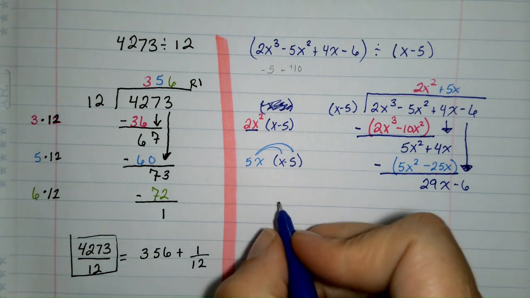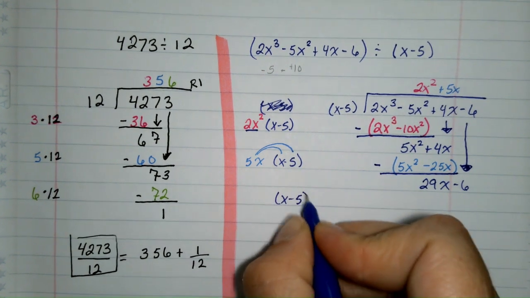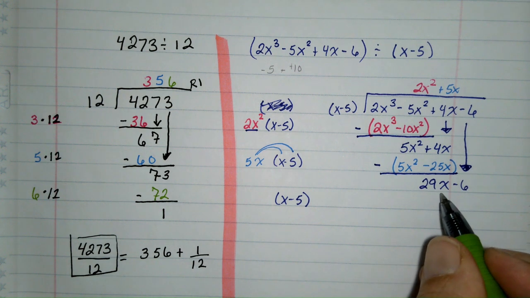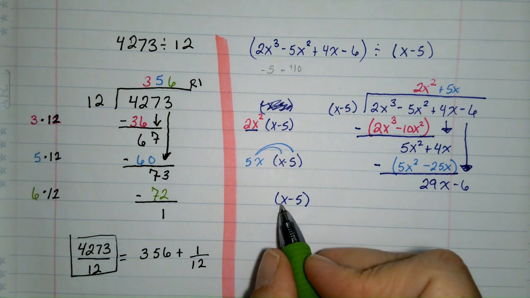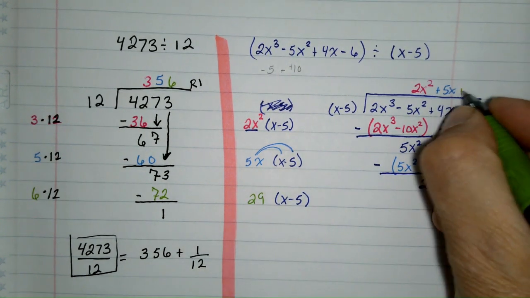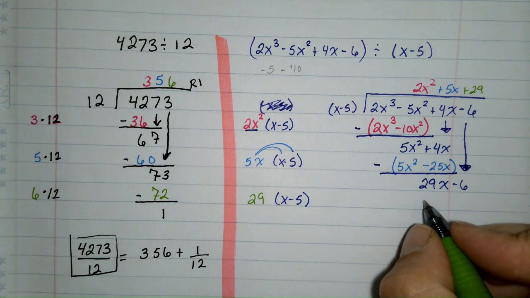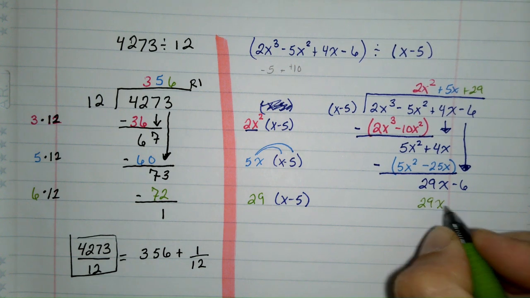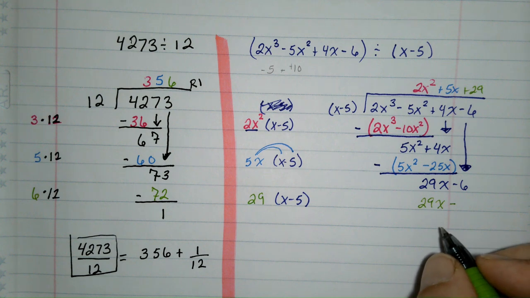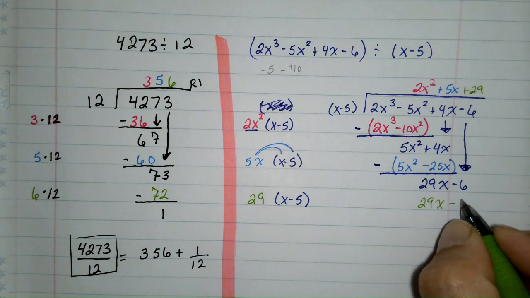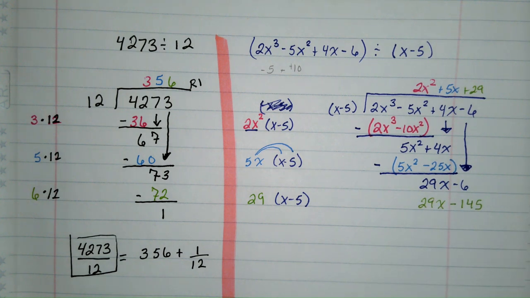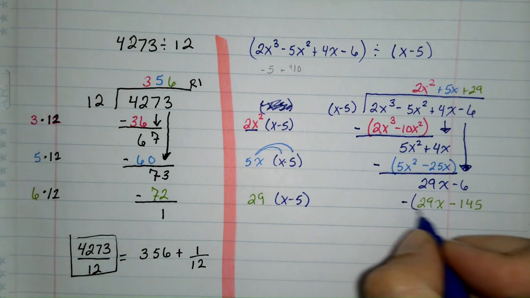Okay, now we're trying to get as close to 29x as possible for our first part. We're at x, so we're going to multiply by 29. That'll give us 29x minus 5 times 29 is 145. Yeah, 145. And then, again, we have to subtract that.